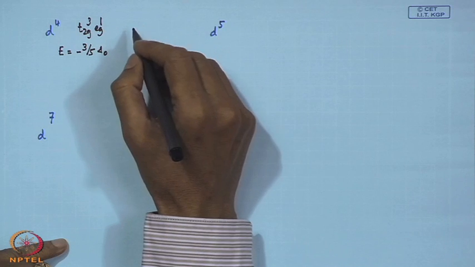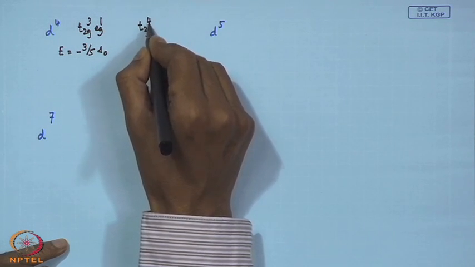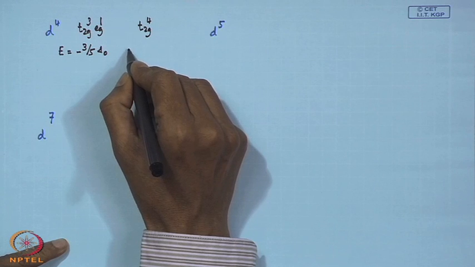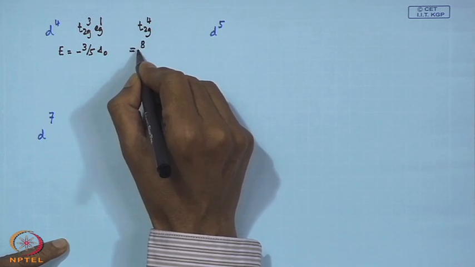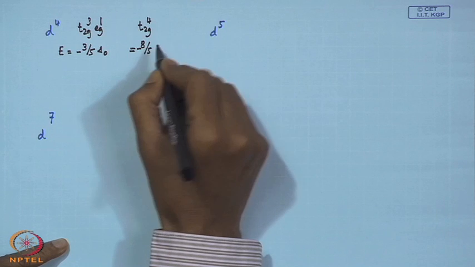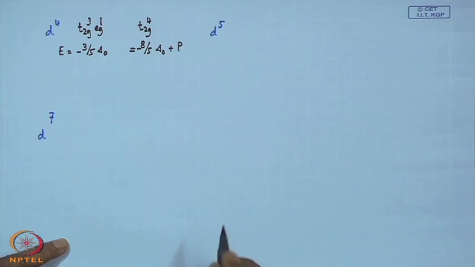This is for high spin. For low spin we have T2G4 and E is equal to minus 8/5 delta O plus P.